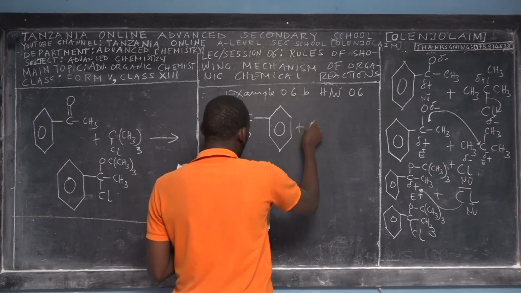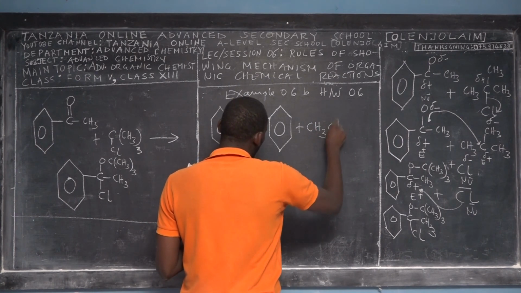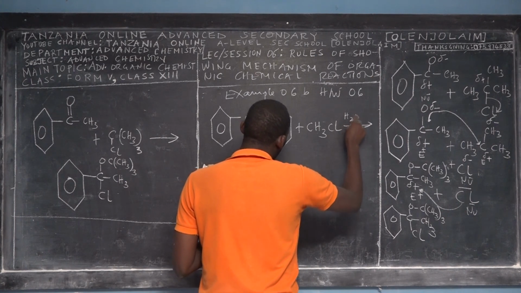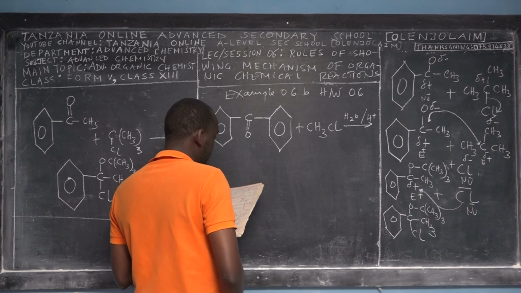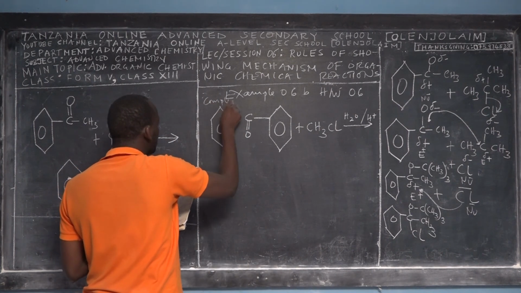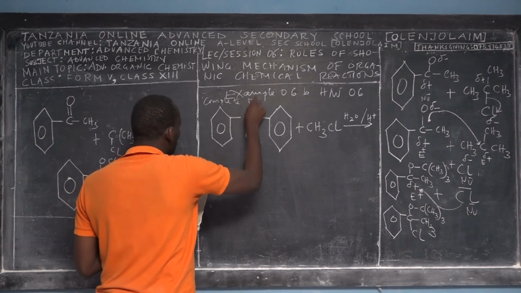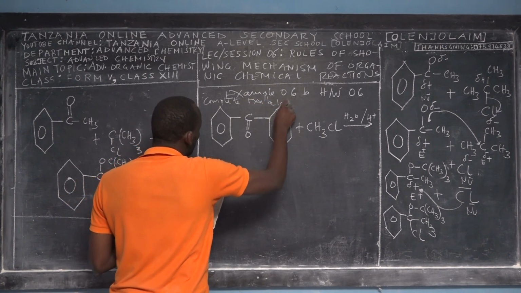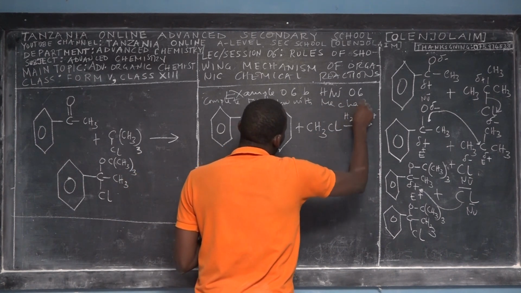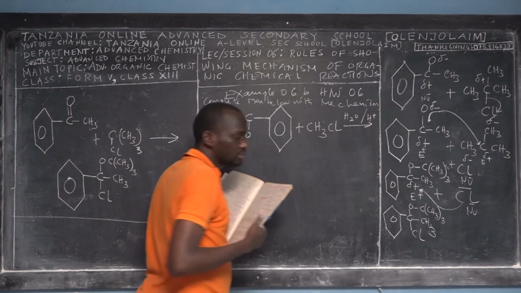And this one will be reacting with CH3 chlorine, under the condition of the presence of water and hydrogen ion. So, question complete: the reaction below with mechanism. Show me how you get your end product.